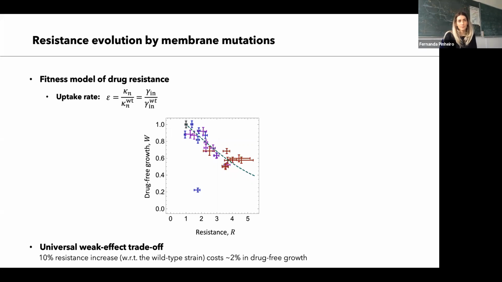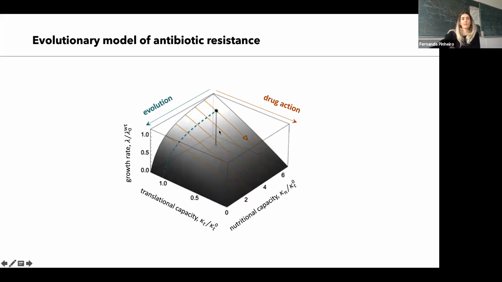So now when we go back to our picture, what the fitness model does is that it establishes this fitness landscape in absence of the drug, but then it also gives us a way of getting all the mutant lines that are these orange lines here.